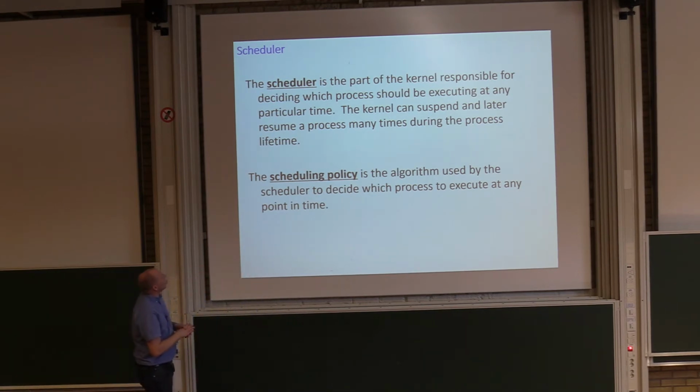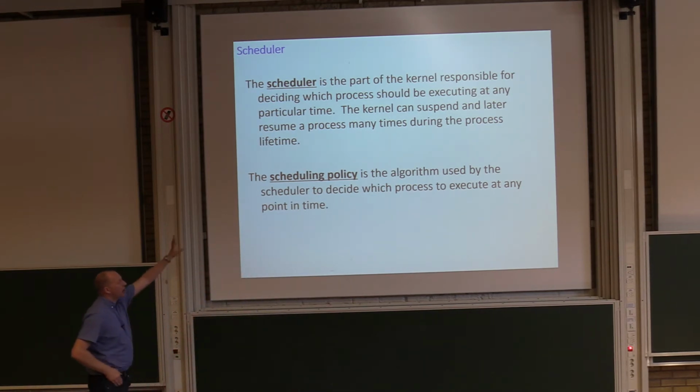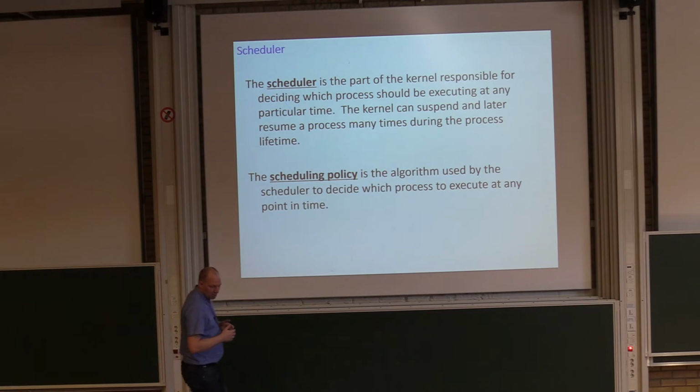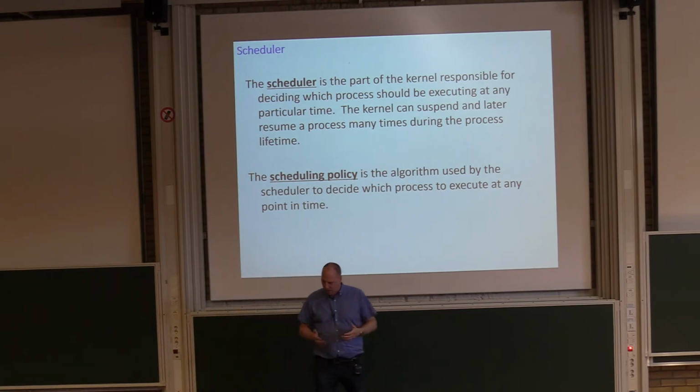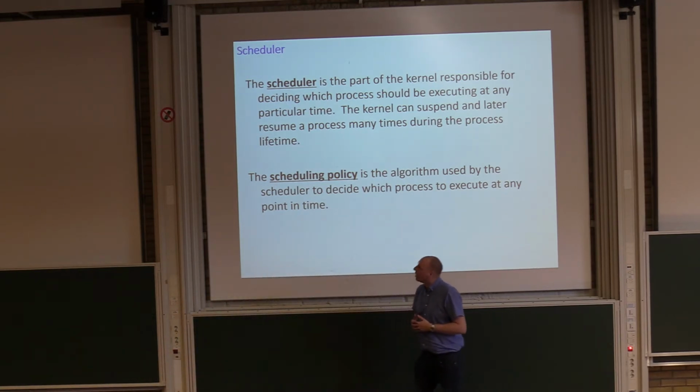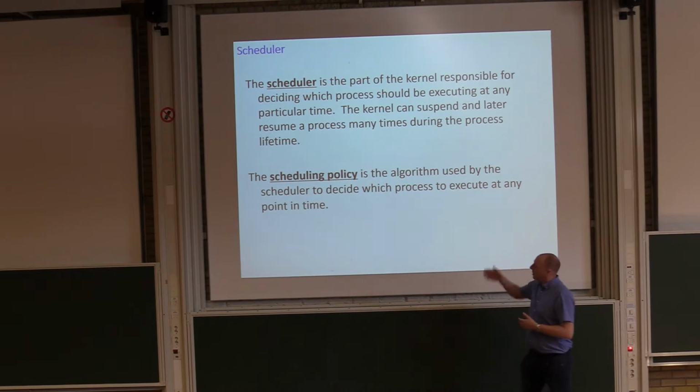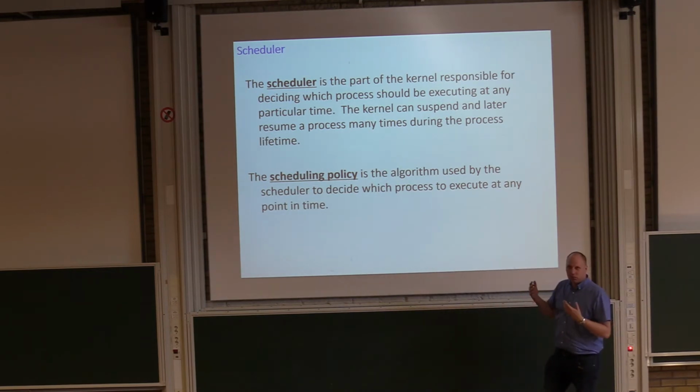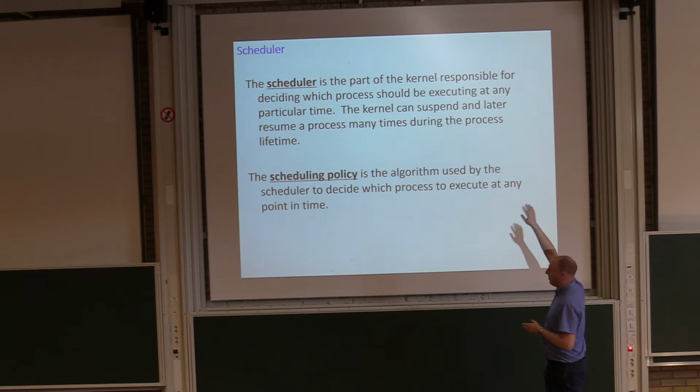Coming back to the scheduler. This is the part of the kernel which is responsible for deciding which process to execute at any particular time. In a modern real-time operating system, it can preempt other processes, so it can suspend them from running and then resume them at some later point.